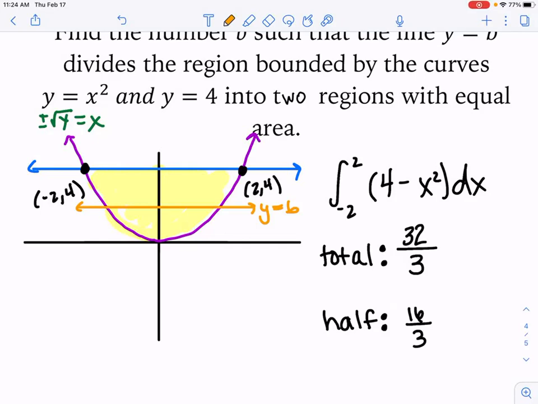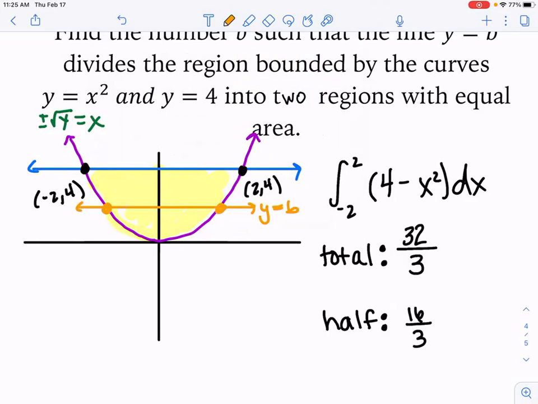We need to decide if we're going to do this with respect to x or with respect to y. Now, we would need to know these intersection points right here. We know that y is b, but then we would have to solve for x. Sounds a little bit messy, doesn't it?